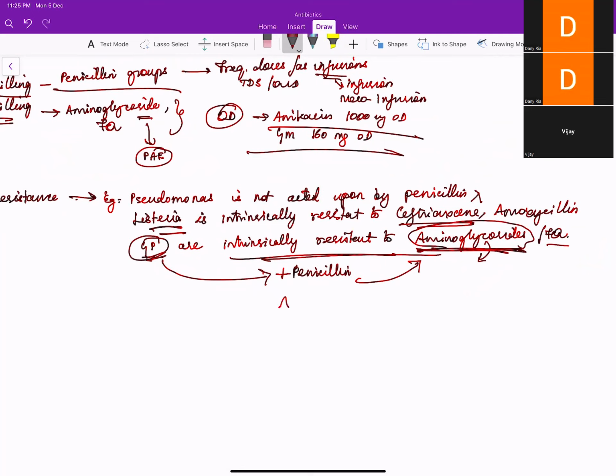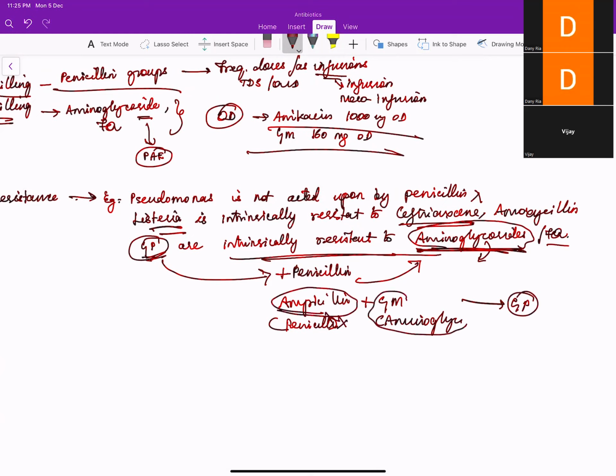You know very well the antibiotic combination which we commonly use is ampicillin plus gentamicin. Gentamicin is an aminoglycoside. Ampicillin is a penicillin. We are giving this combination for gram positive coverage, right? This is the action: ampicillin breaks the cell wall and allows gentamicin to enter inside. So there are two antibiotics with two different mechanisms for infective endocarditis.